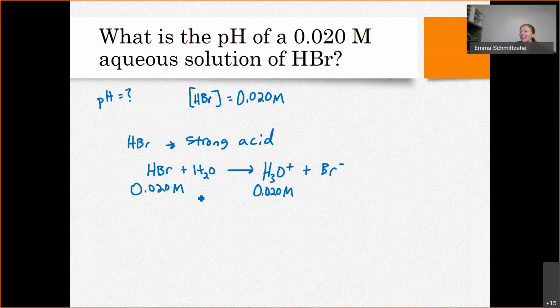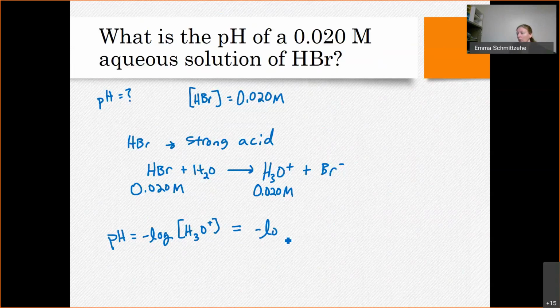So I can take that now and calculate pH by doing the negative log of my H3O plus, which in this case is the negative log of 0.020. And again, I'm just going to drop the unit because the unit disappears when we report the pH.